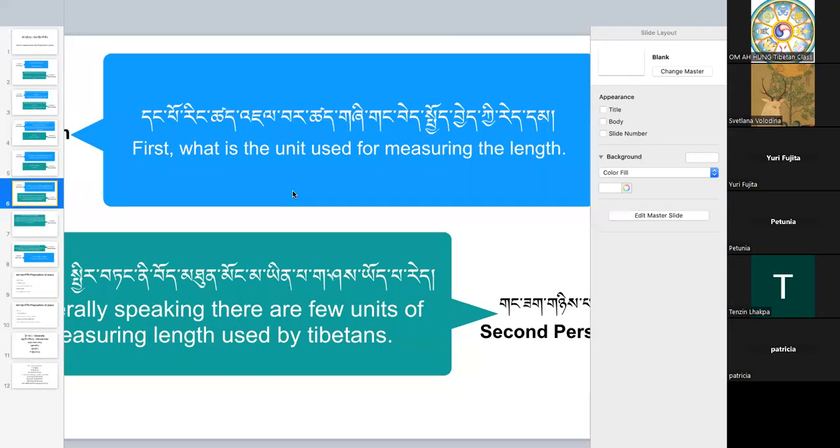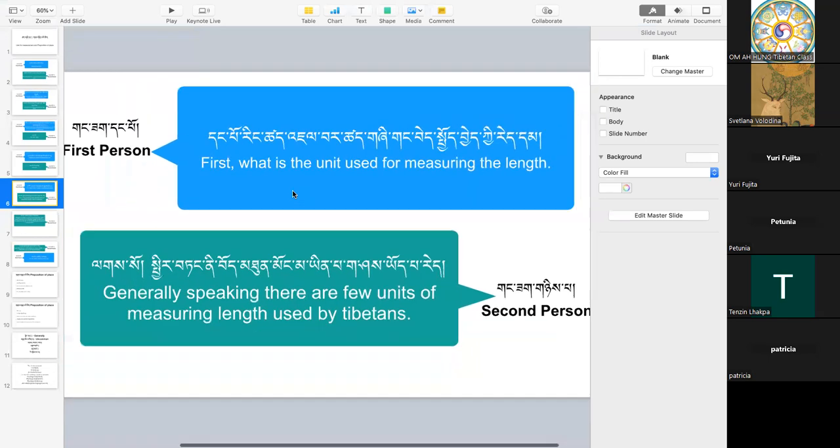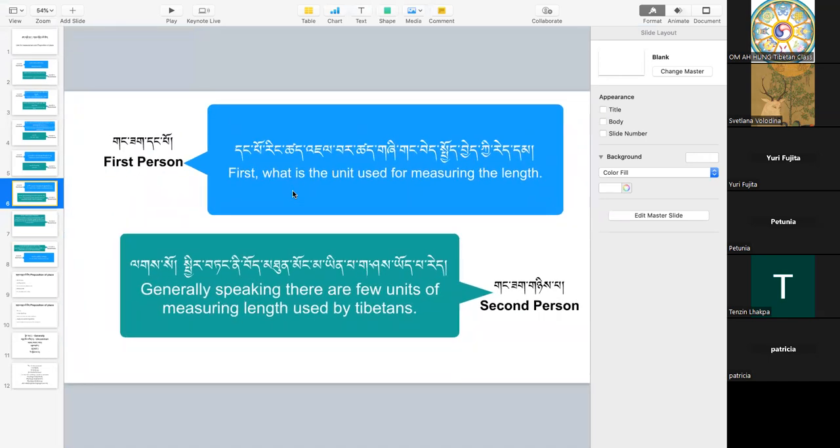Okay, now if no one has any questions, we will call it a day. And the homework, I will send you each of the words that you will have to make a sentence with. That would be the assignment for today's class. And I think I haven't sent the assignment for yesterday's class.